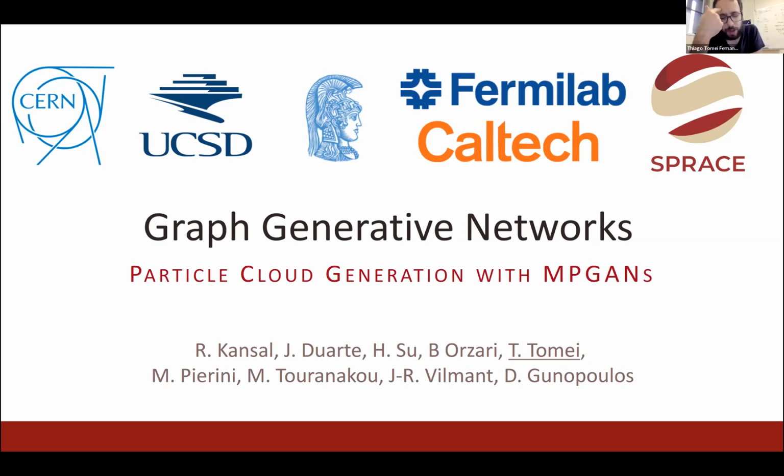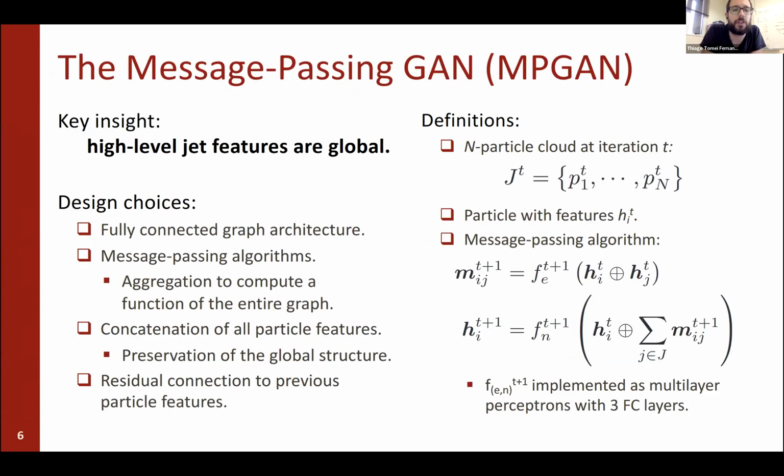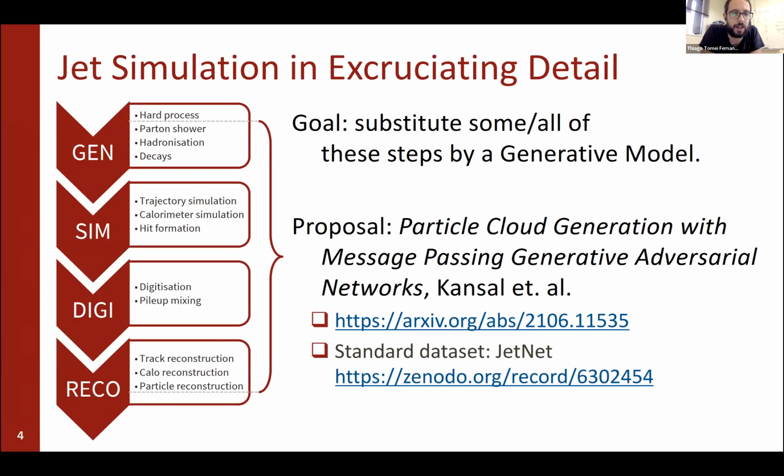Let me see if I can translate the question to what I think I understand, and then I try to answer. First, Paulo, if you can go back to the slide of the diagram, exactly, the jet simulation in excruciating detail, the diagram number 4, I guess.